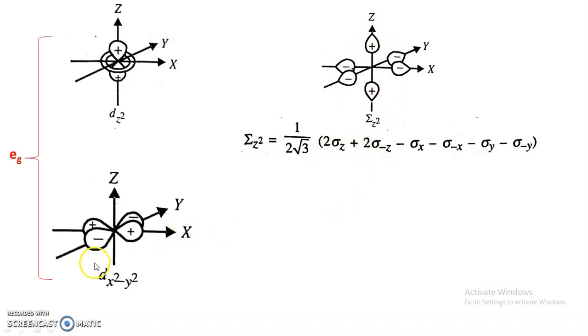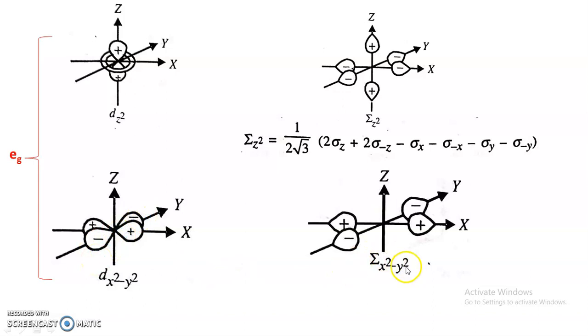Then this is the another EG orbital, that is dx square minus y square. Here positive lobes are oriented along the x-axis, negative lobes are oriented along the y-axis. And this is the matching symmetry group orbital, summation x square minus y square. And summation x square minus y square is equal to 1 by root 2 into sigma x.